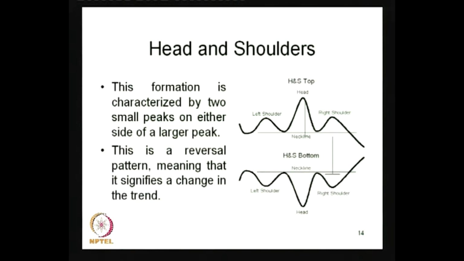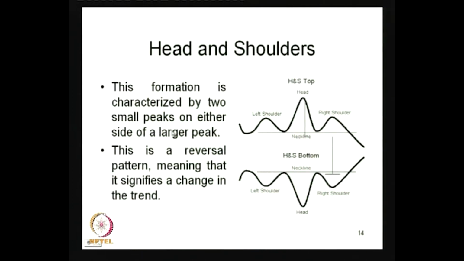Here, if you see, this is your baseline, and this is the price movement of this particular stock. Here there is a shoulder, here there is a peak, and here there is a head.